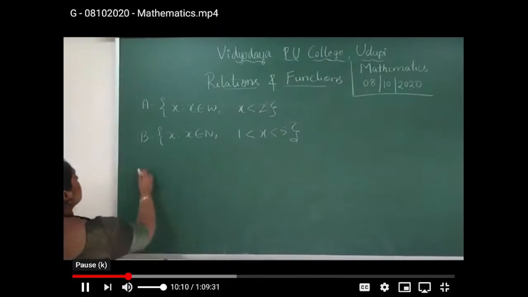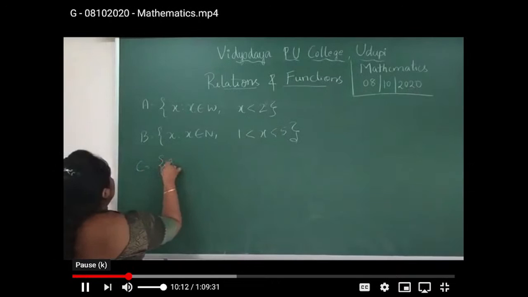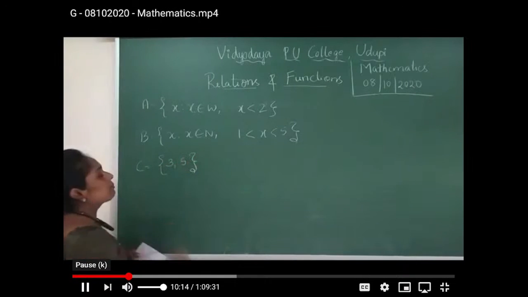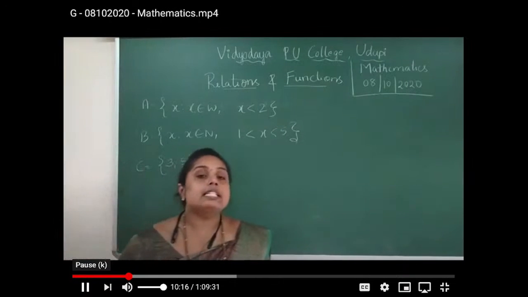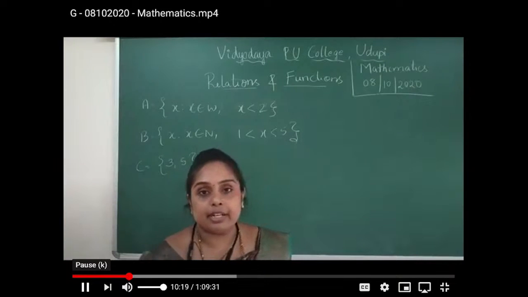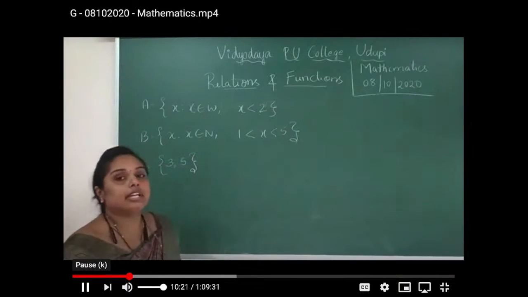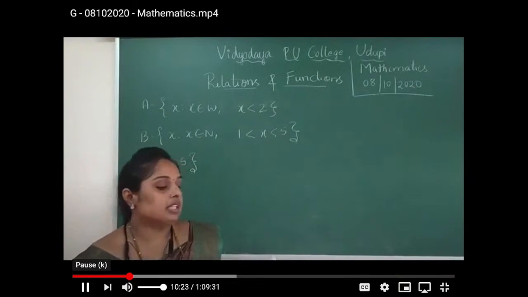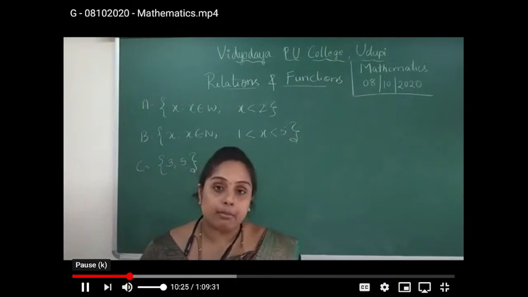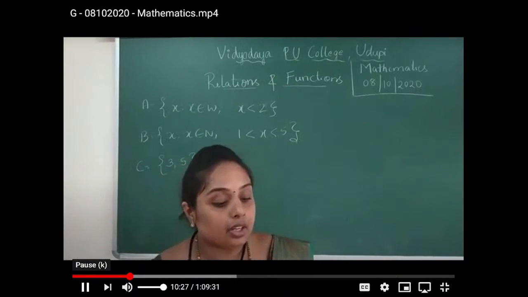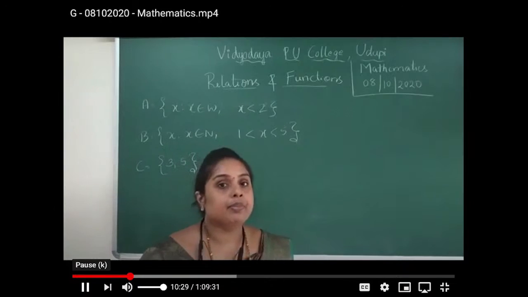And set C is 3, 5. Sets A, B, C are given. Sets A and B are given in set builder form and set C is given in roster form. Now the question is, we have to find the number of elements in A cross B union C.